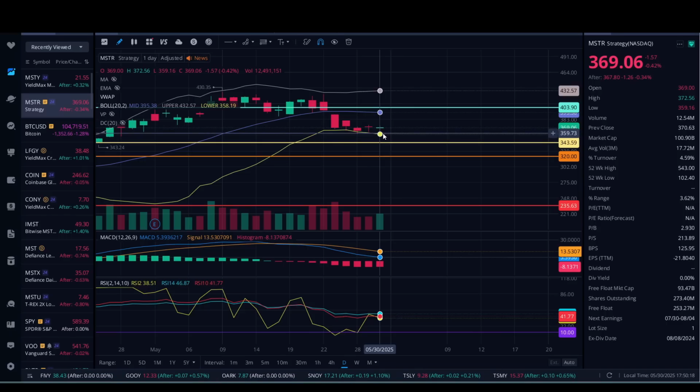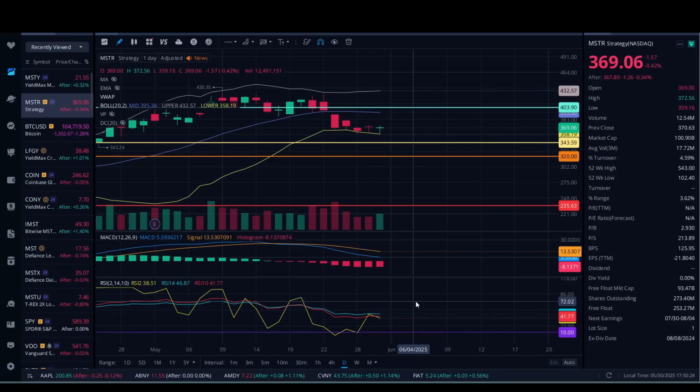And that's what pushes me over to the RSI2 here, this yellow line. And if it's below that 10, then for me, that means I'll look a little deeper into seeing, do I actually want to purchase more shares of MSTR? And do I have the dry powder to actually do so? So that, of course, is the first thing, is you got to have the money available to buy more shares.